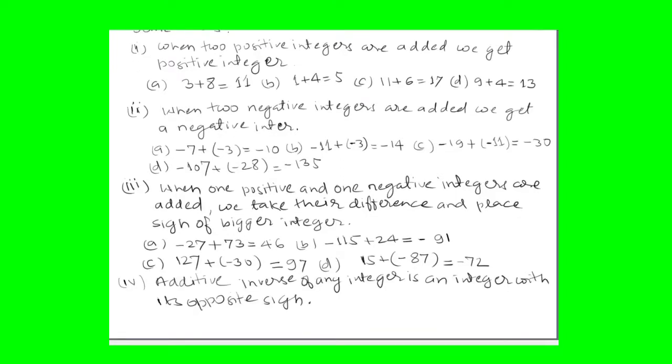Now we go to the fourth property. Property 4: the additive inverse of any integer is the integer with its opposite sign. We will understand it by examples.